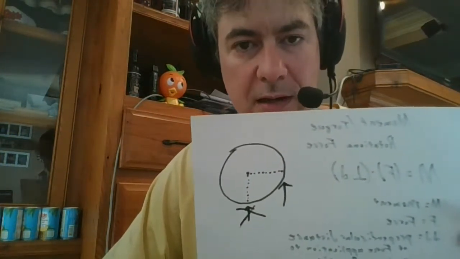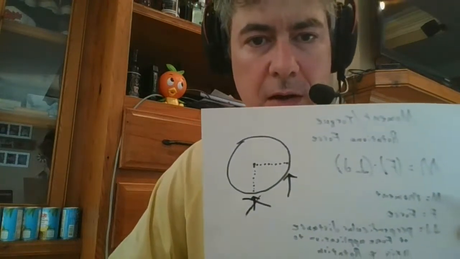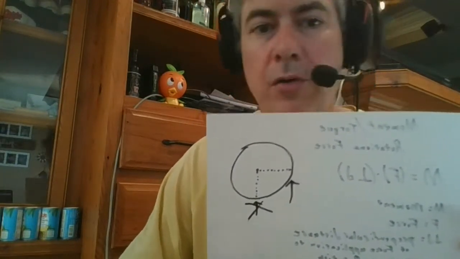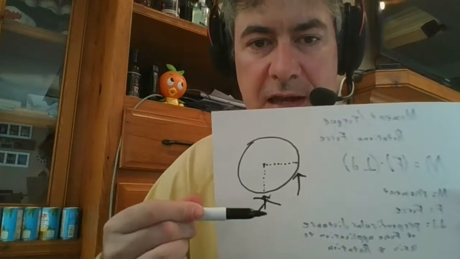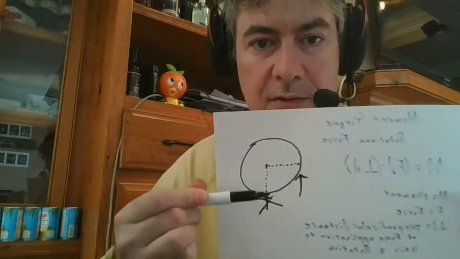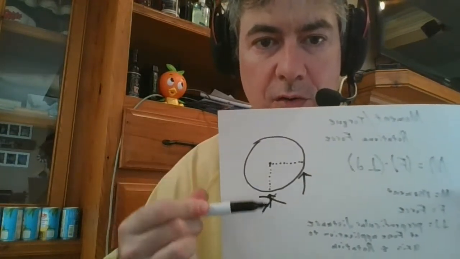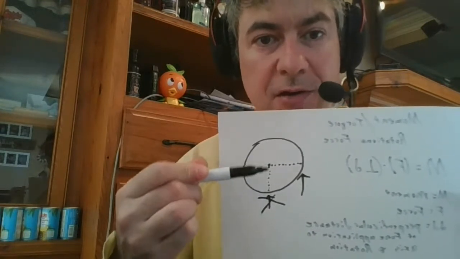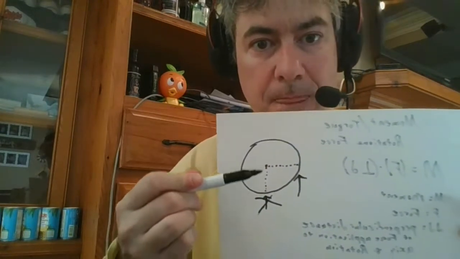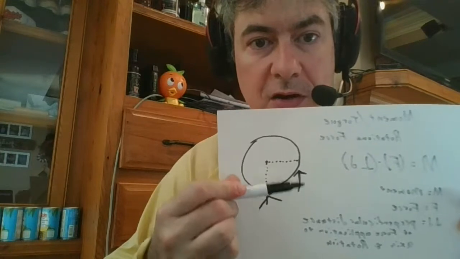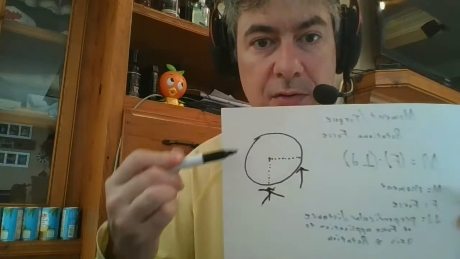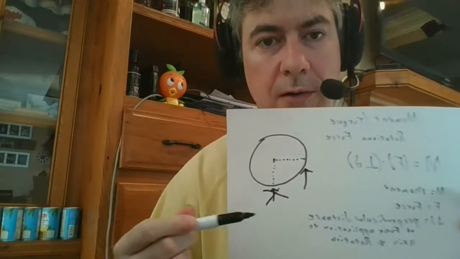I'm going to talk about that later: lever arms or moment arms or torque arms. But the point is that when you're parallel to this imaginary torque arm, you ain't going to be spinning, you ain't even trying to spin the merry-go-round. But when you're perpendicular to it, now you give that merry-go-round torque.